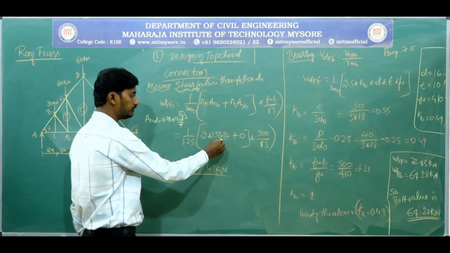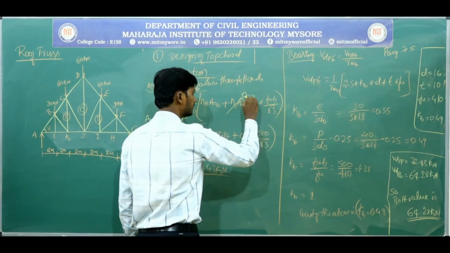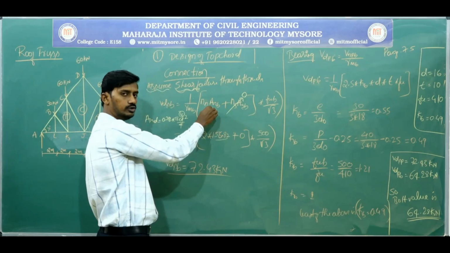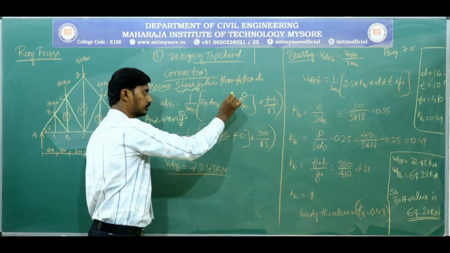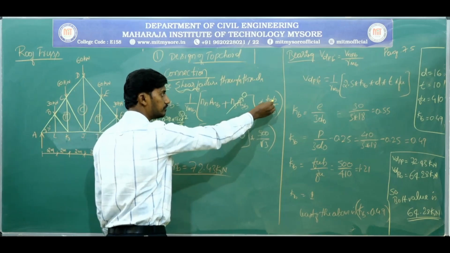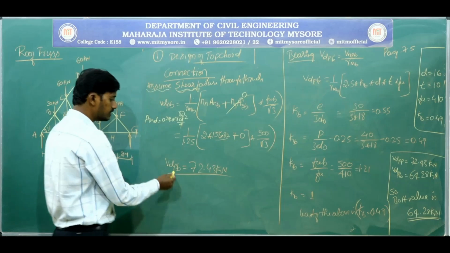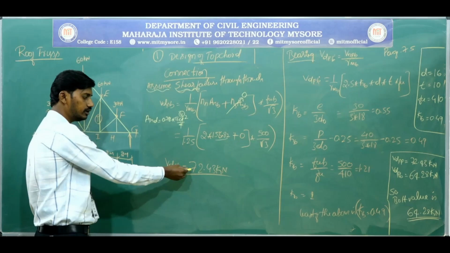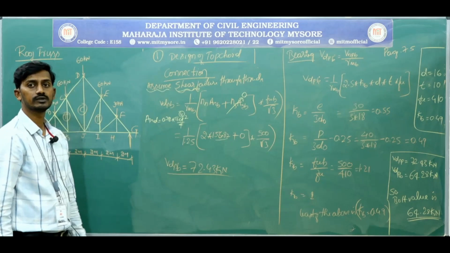If you do so, 156.82 will be available, and ASB will be considered as 0 because the bolt will fail at the threaded portion itself, not in the shank portion. If you solve this, as we have considered the 5.6 grade bolt, FUB will become 500. So VDSB, or shear value of the bolt, will be 72.43 kilonewton.